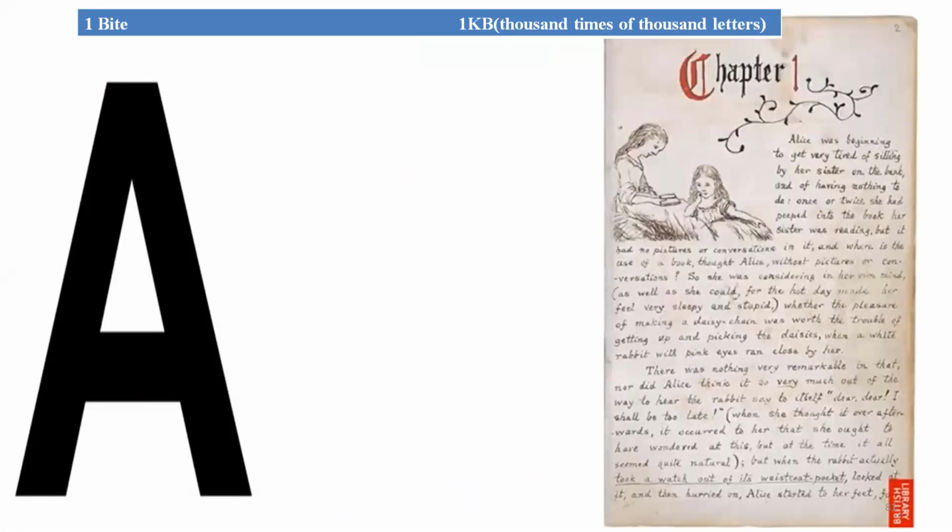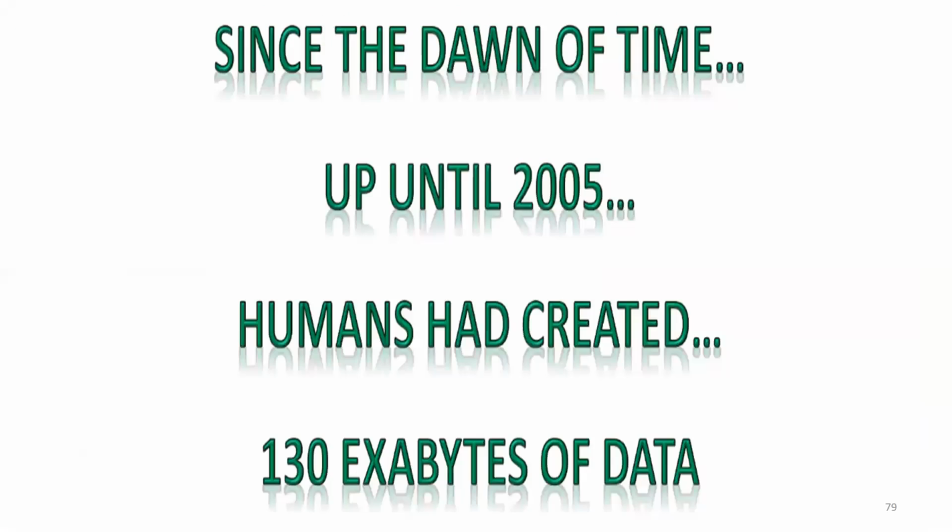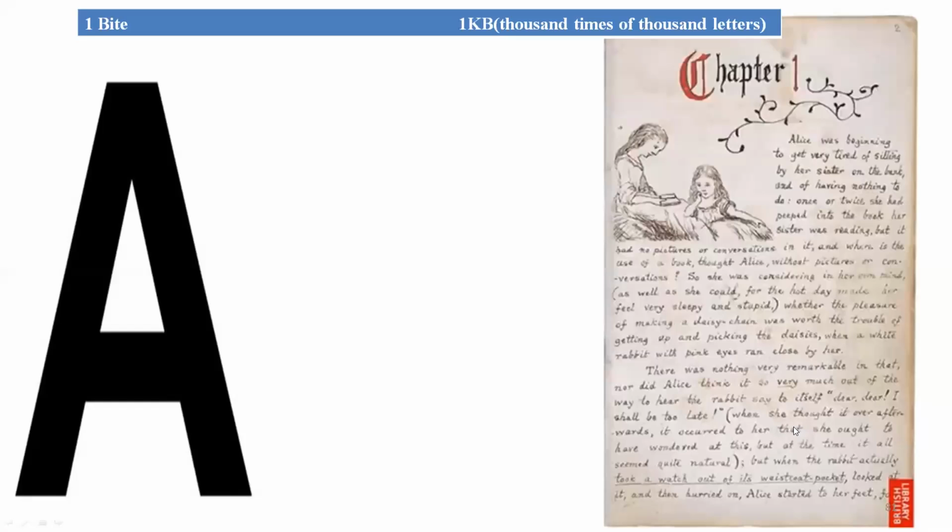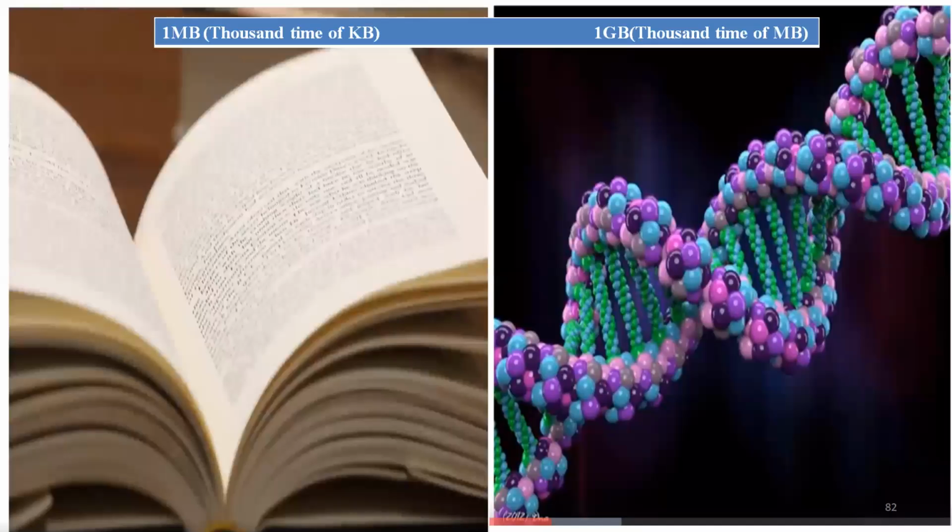To give an analogy of how much data we are talking about, it's not GB or TB, we are talking about exabytes of data. If you save one PDF book on your computer, it will take about 1 MB.